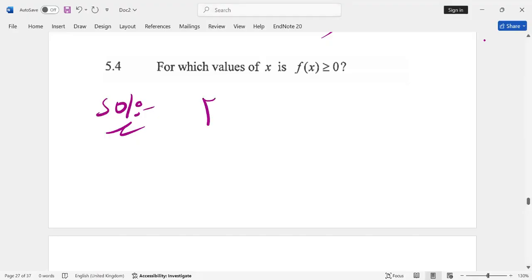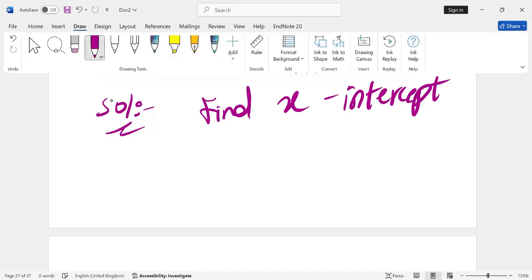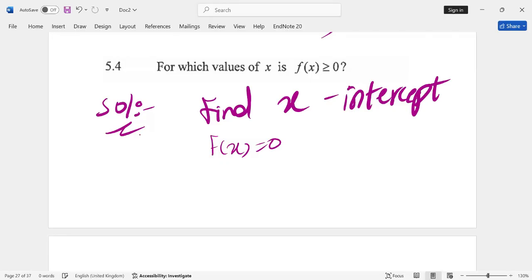We find the x-intercept, and for the x-intercept, I'm setting f of x equals 0, all right?